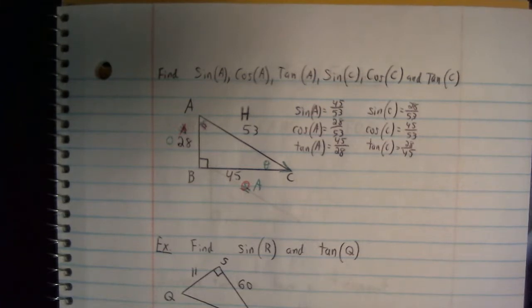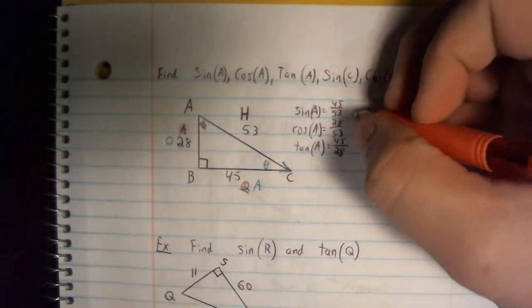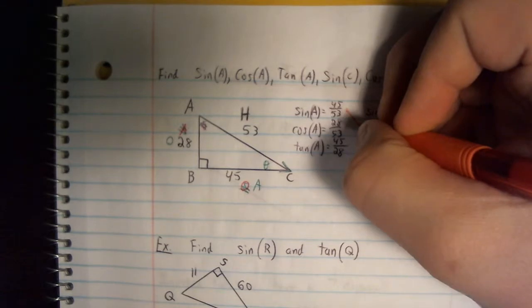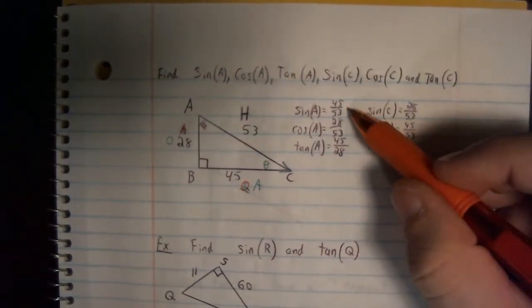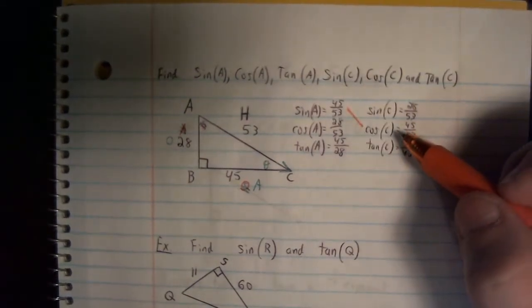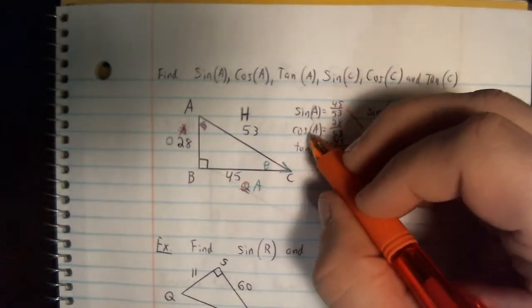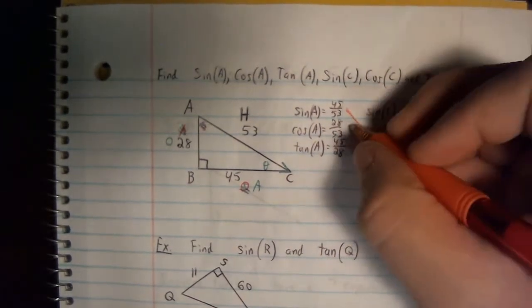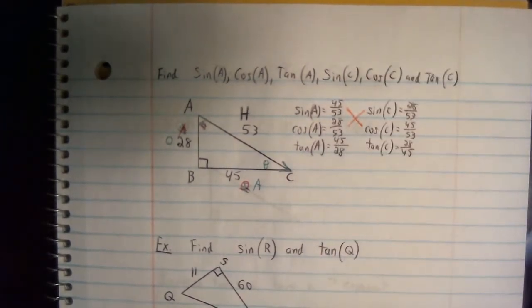If there was ever a situation for you to reduce, then make sure you reduce the fractions as much as you can. Now, one last thing I'm going to point out about this is this quick little bit of information. Notice that sine of A and cosine of C have the same solutions. Okay? And again, we notice that cosine of A and sine of C have the same solutions.